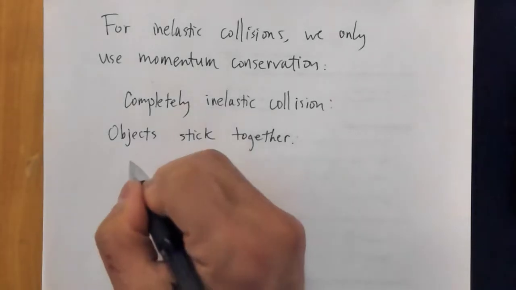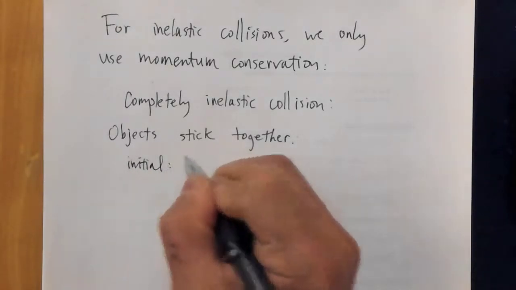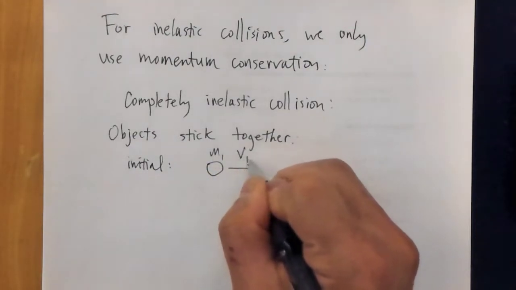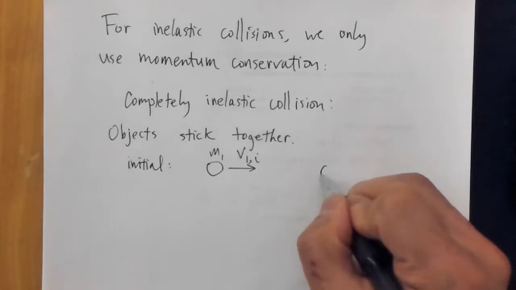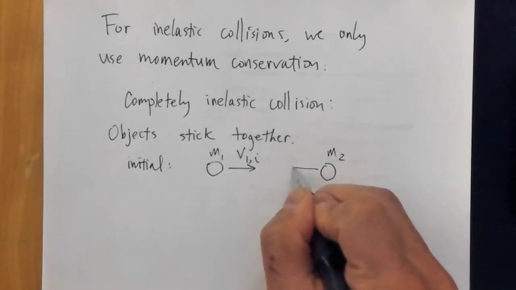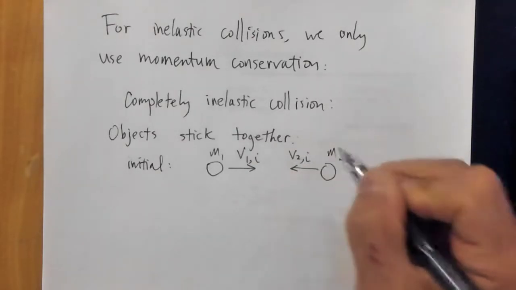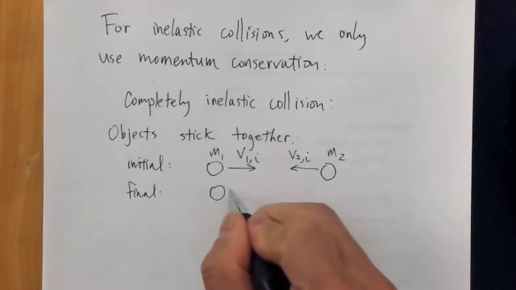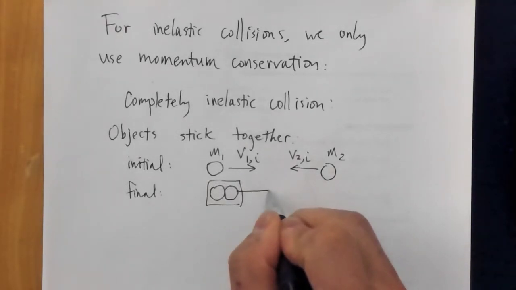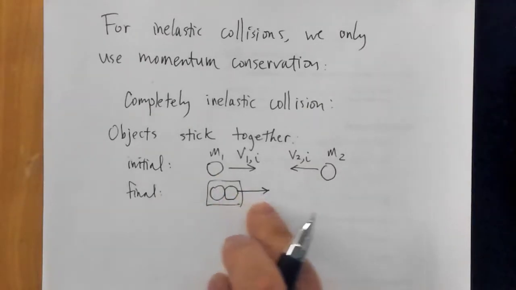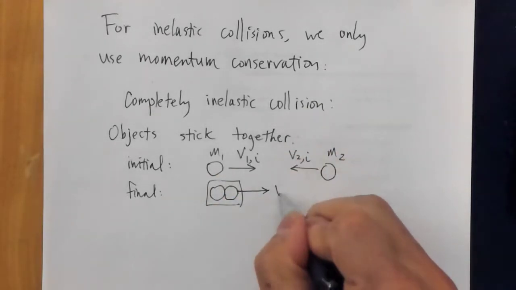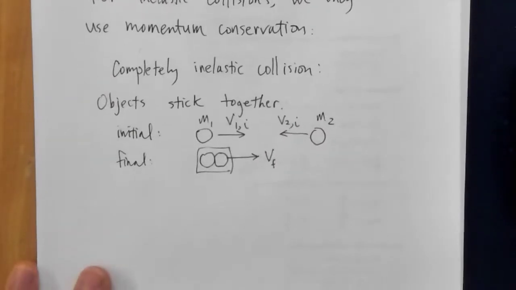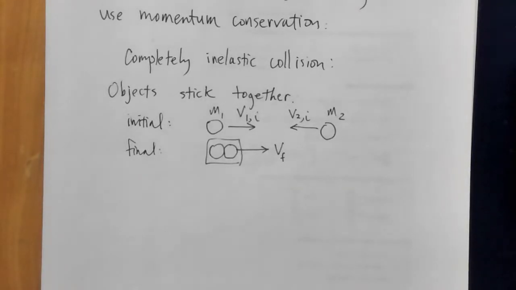So let me remind you, we have some initial state where m1 is coming with some velocity v1i, and here's m2 coming in with some v2i, and then we have some final state where they're stuck together as a unit, moving with some V final. The only equation we can use here is momentum conservation; you don't use anything with energy.